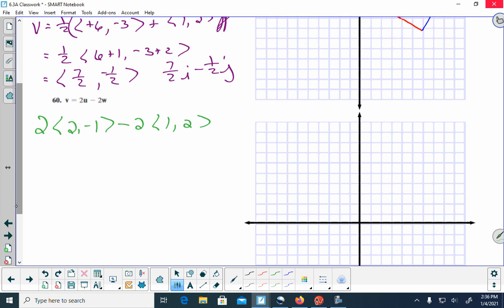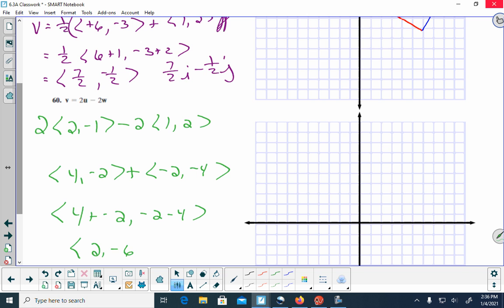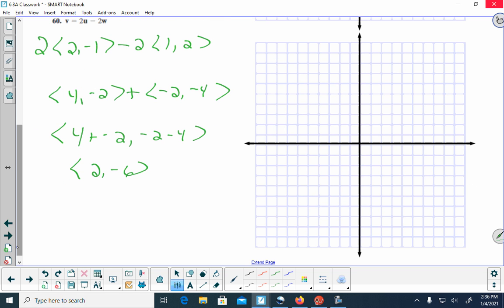To me, it just makes life easier. This is 4, -2. And we think of this as plus -2, -4. So this is 4 plus -2, -2 minus 4. So I end up with 2, -6. Linear combination, 2i minus 6j.